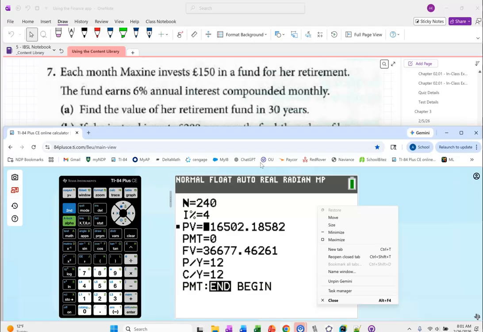Each month, Maxine invests 150 pounds in a fund for her retirement. The fund earns 6% annual interest compounded monthly. Find the value of her retirement fund in 30 years. Try this on your own real quick and then I'll punch through the answer. Give you a chance to check your own understanding, and make sure you're able to use this solver competently.